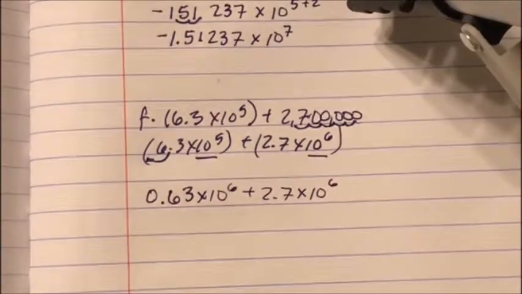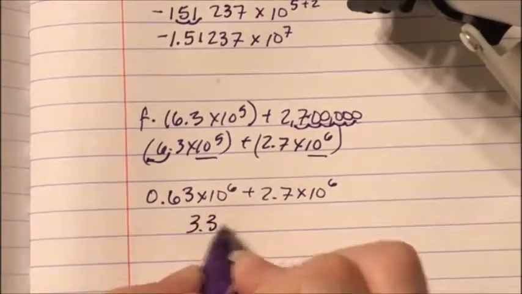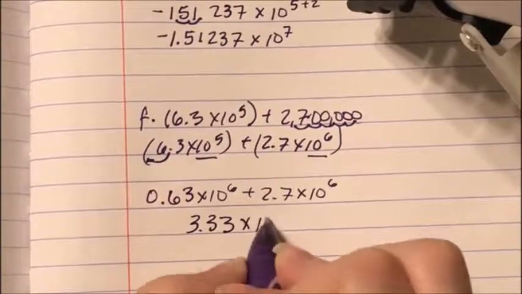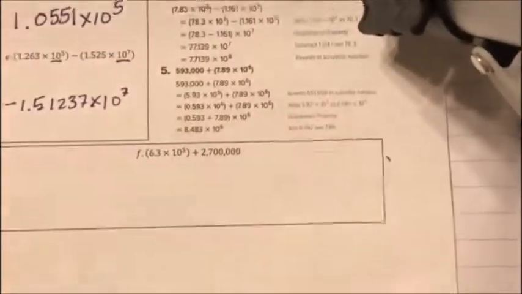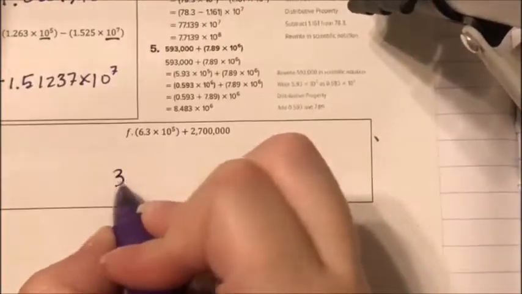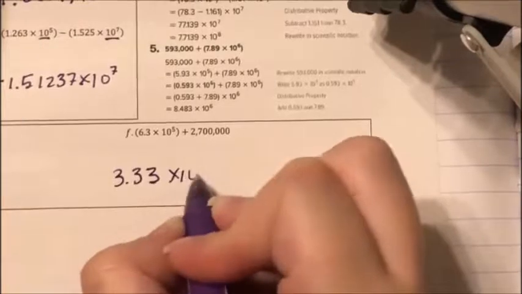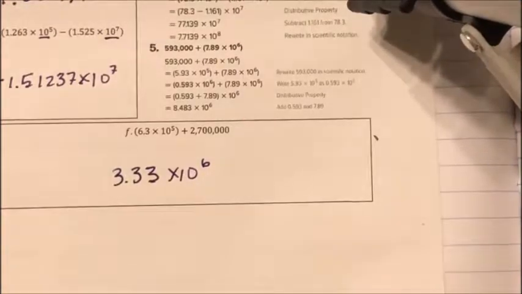Well, when I add those together, 2.7 plus 0.63 gives me 3.33 times 10 to the 6th. So that is my final answer. For letter F, I get 3.33 times 10 to the 6th. And that is the end of this lesson.